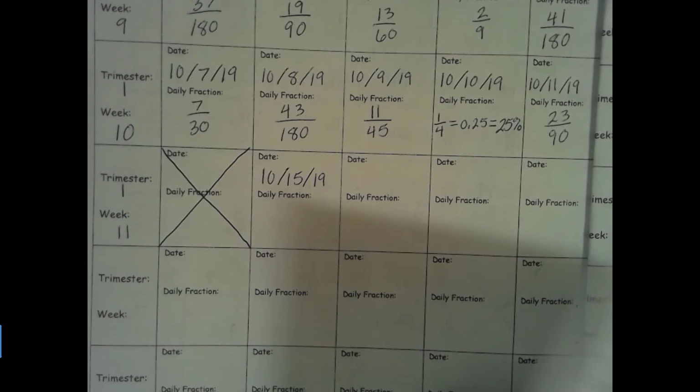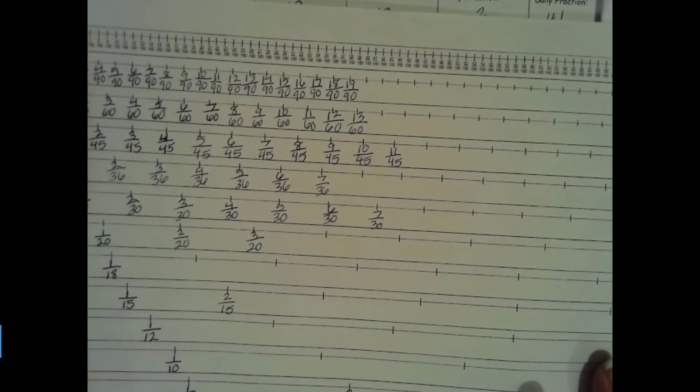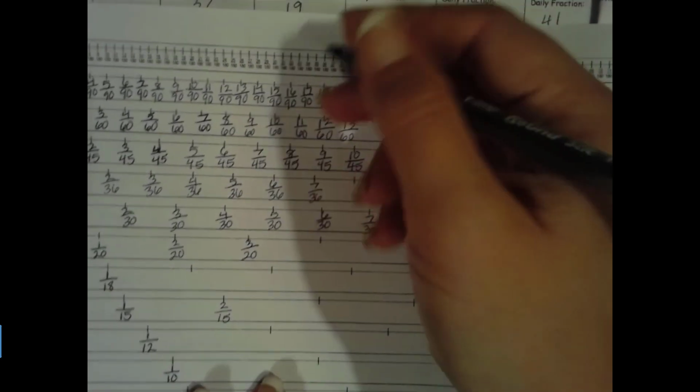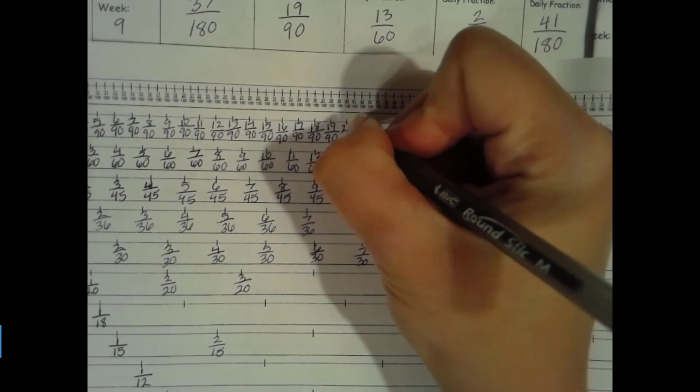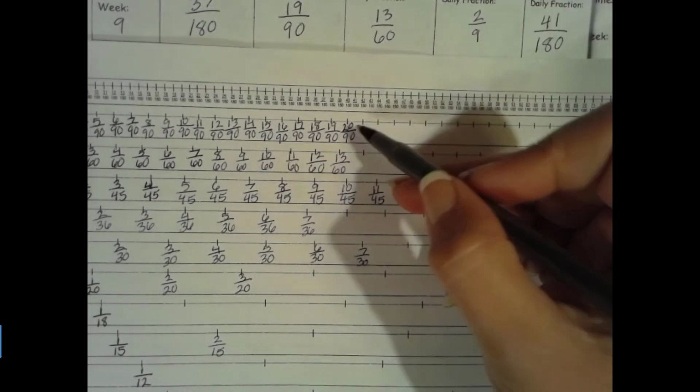Let's go ahead and get out your number line. Okay, we did groups of 2. So here we have 20/90ths we need to get filled in.